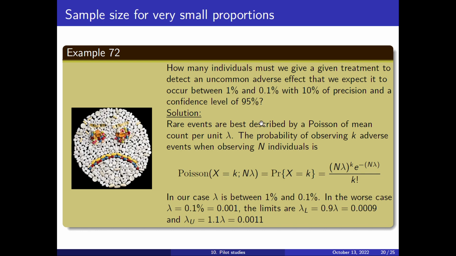So again, you need to know how to construct the confidence intervals, and for that we will use the Poisson distribution. The worst case is the rarest events, so it is 0.1%, and the upper and lower bounds will be 0.9 lambda and 1.1 lambda, and this 0.9 and 1.1 comes from the fact that we want 10% of precision.